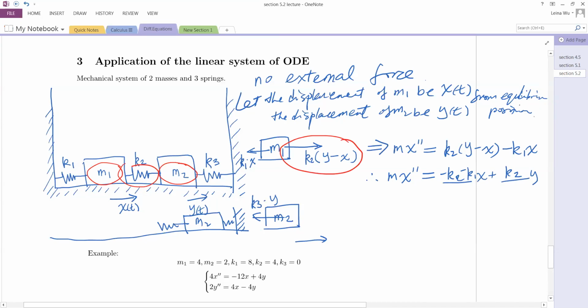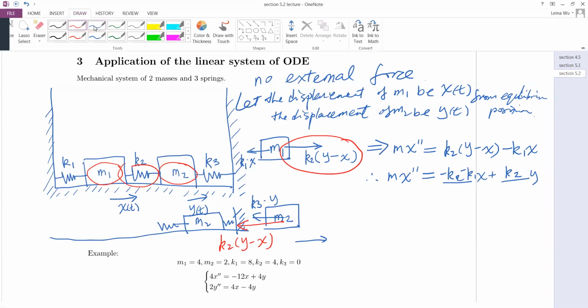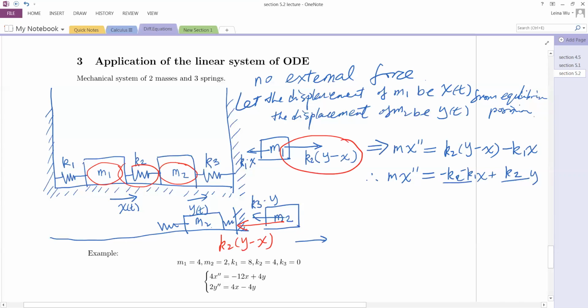It is pulling M1 to the right, therefore there should be another force on M2 to the left of the same size, K2 times (y minus x), for the same spring. Does that make sense? If it's the negative version of the first force, would you write it as K2 times (x minus y)? Which one?